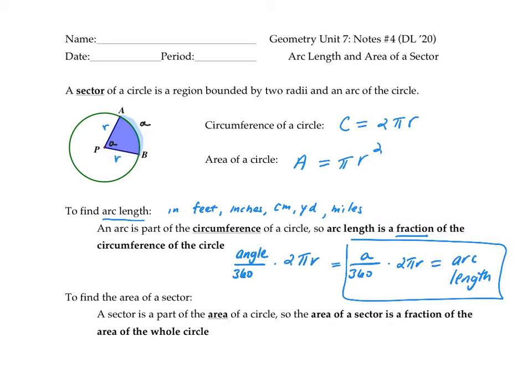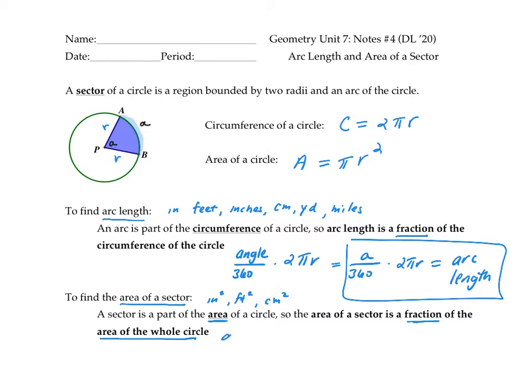All right, the second piece for today is to find the area of a sector. Now, it's an area, so it's going to be measured in inches squared, or feet squared, or centimeters squared, square units, again, because it's an area. And a sector is a part of the area of a circle, so the area of a sector is a fraction of the area of the whole circle.